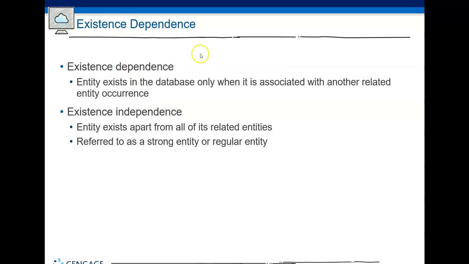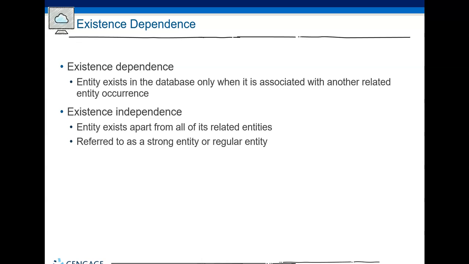In that case, other entities, like dependent, would usually be a weak entity, and it would have a strong relationship to the main one. A dependent of an employee has a strong relationship with the employee, and the dependent's a weak entity because it would not exist without the employee entity in there.